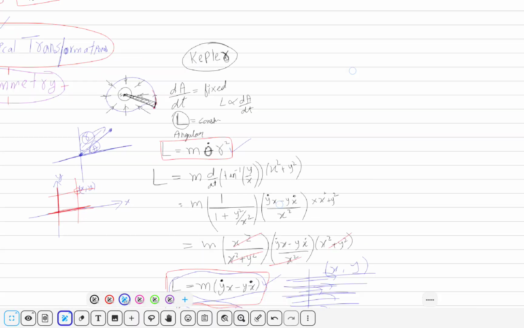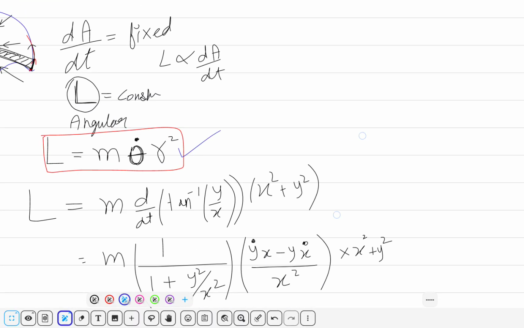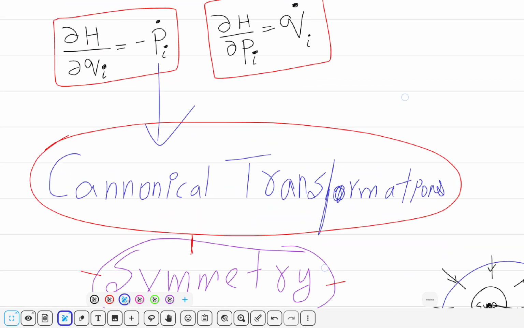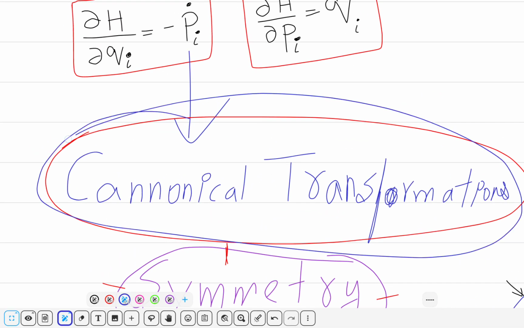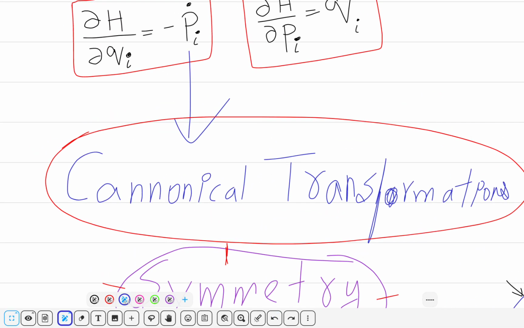That's one of the reasons why we use this concept of canonical transformation, reducing our work. No, you can't reduce the variables, but you can reduce the size of the equation, and you can reduce your calculation steps using this.